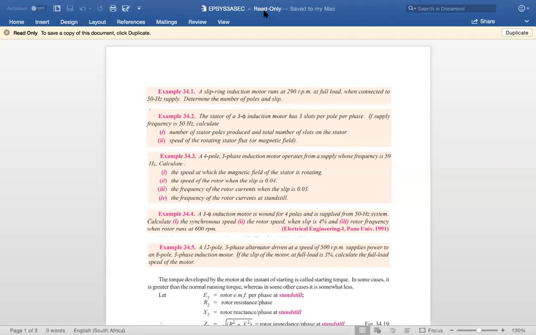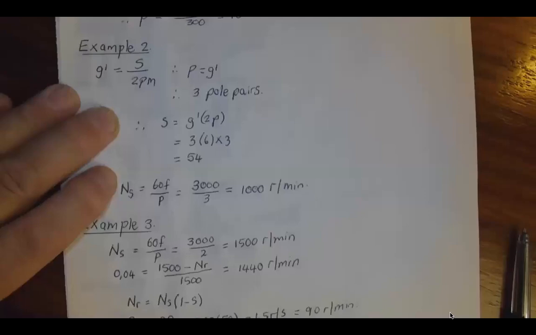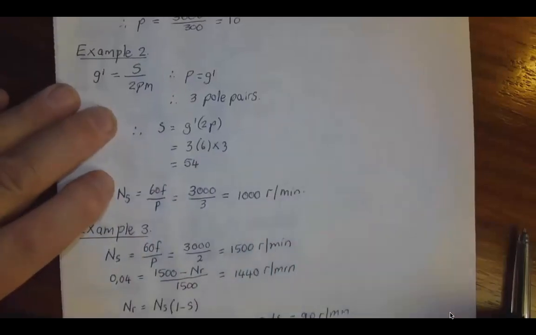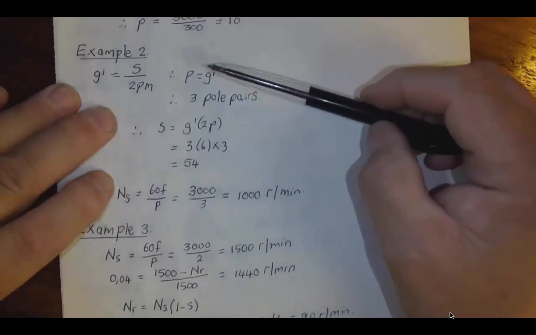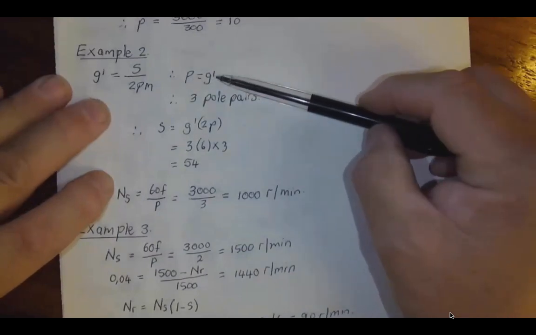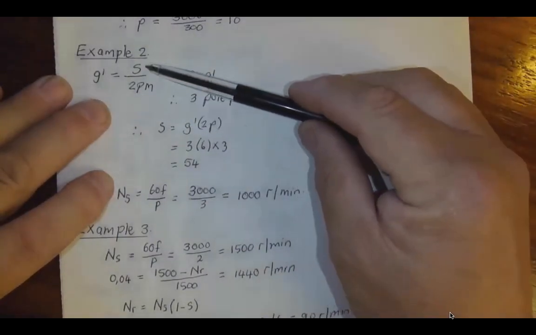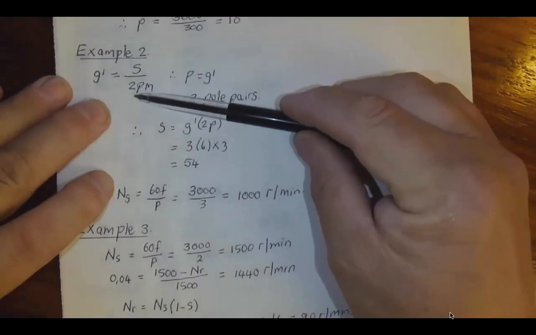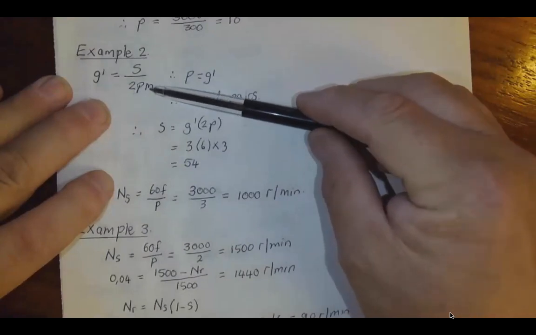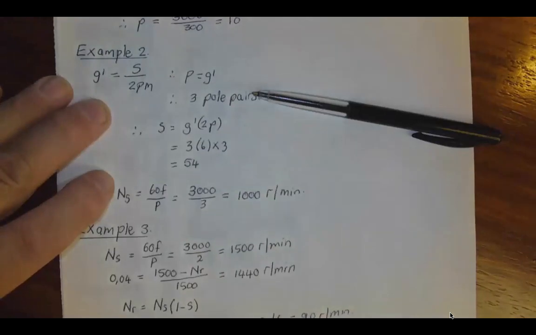Then let's look. Then we can say that the number of pole pairs is equal to G dash. And G dash is S, which is your number of slots divided by the number of poles divided by the number of phases.